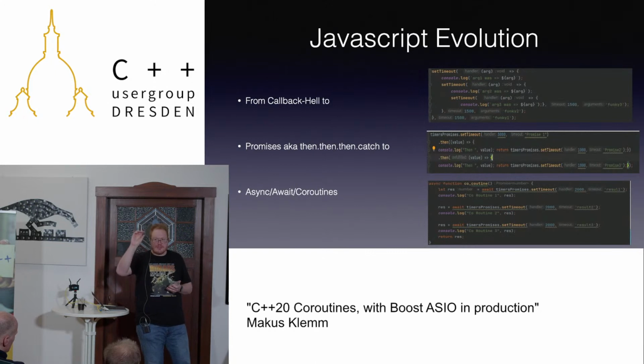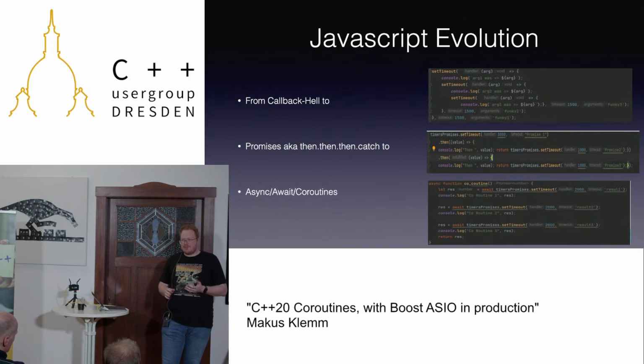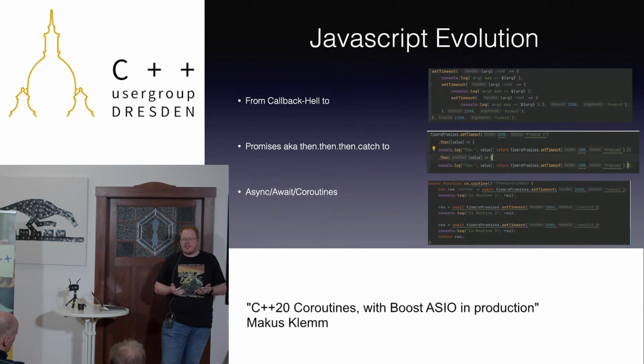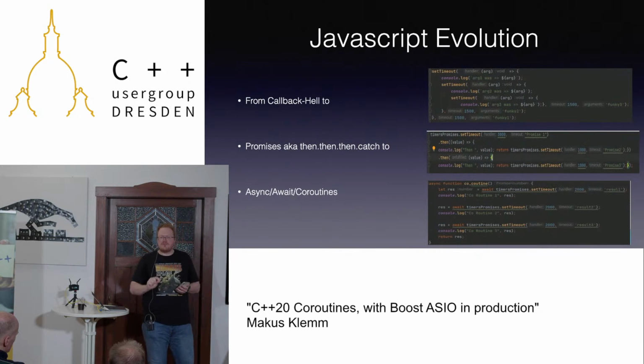It's not a regular function anymore, but the compiler will suspend this function, will put everything of the scope in this function in some magic box, and when the timer elapses, for example, or there's some new data on the network line, then the compiler will take this function back out again and will resume execution at the one point where it was suspended. And for this, we also have 3 new keywords in C++.